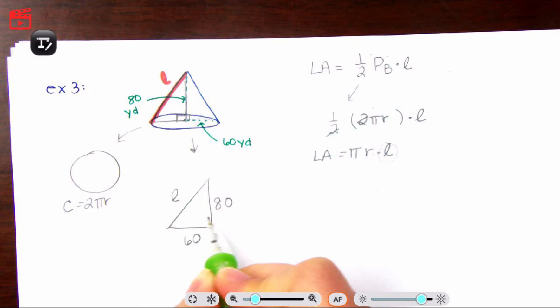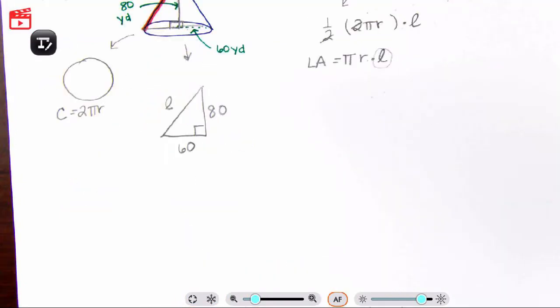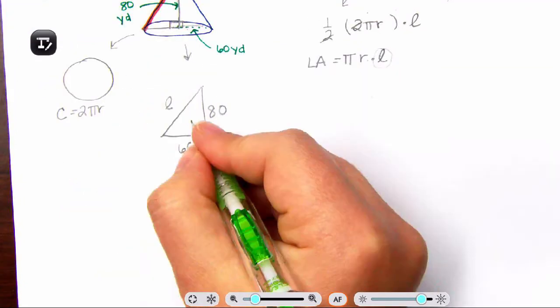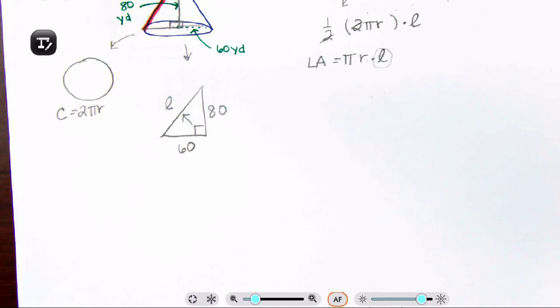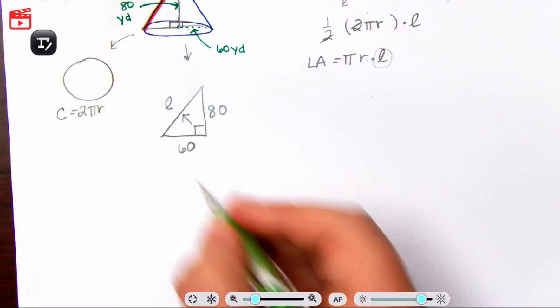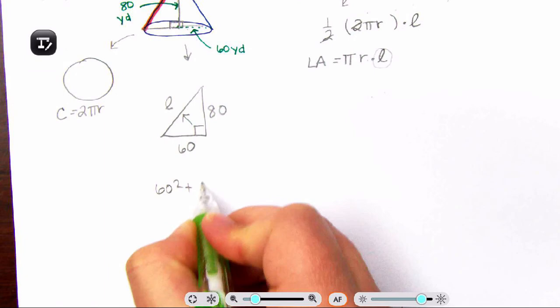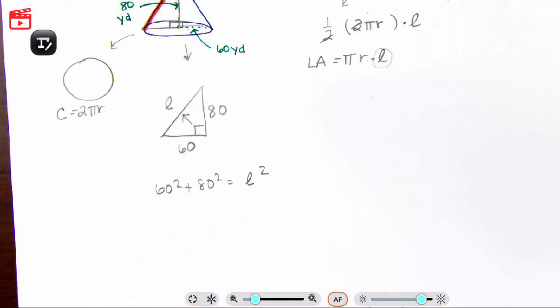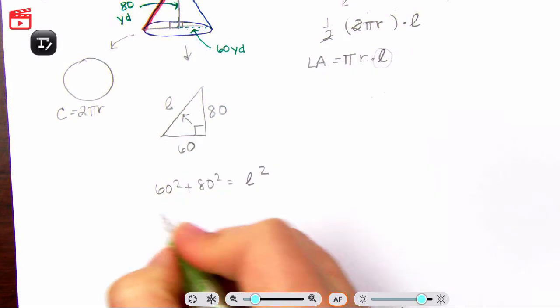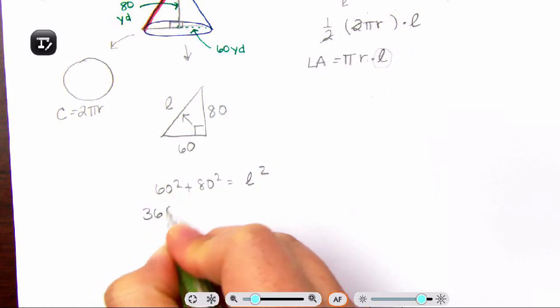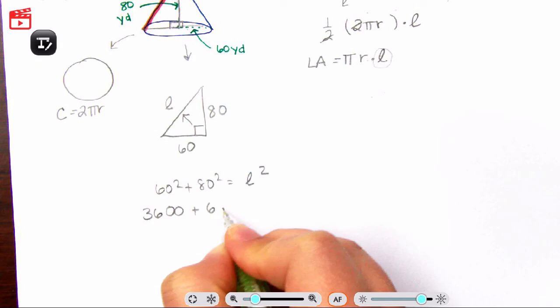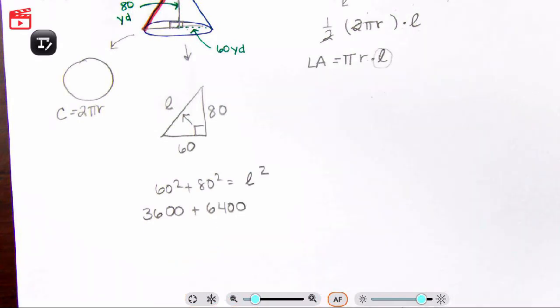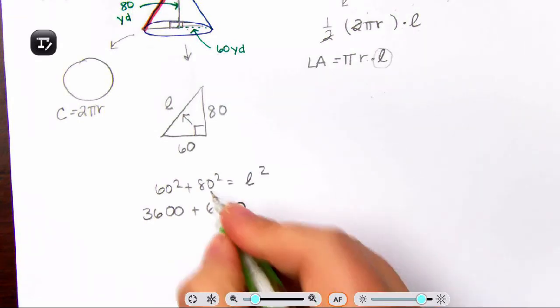So therefore, we have an opportunity to use the Pythagorean theorem. Remember, hypotenuse is always opposite your right angle. So I have 60 squared plus 80 squared is equal to my slant height squared. 60 squared is 3,600. This is 6,400 because 8 squared is 64, and then we put the zeros in there.